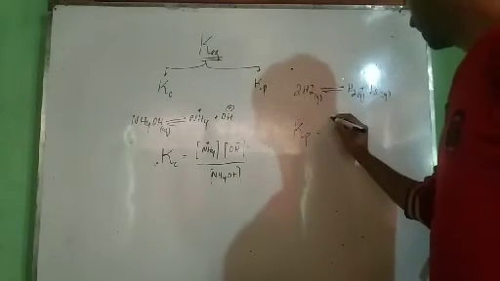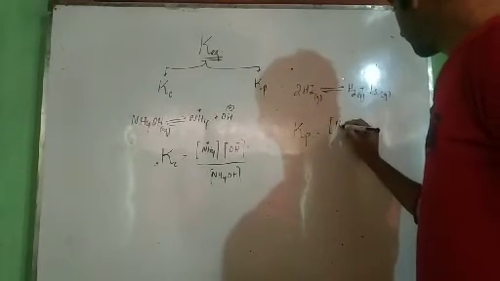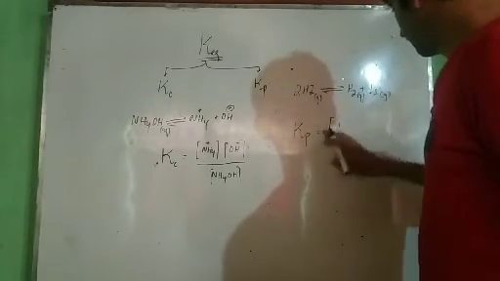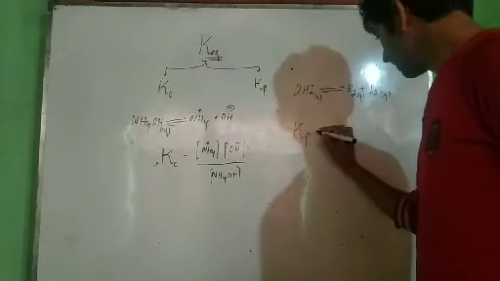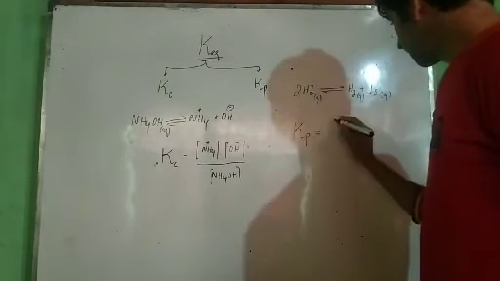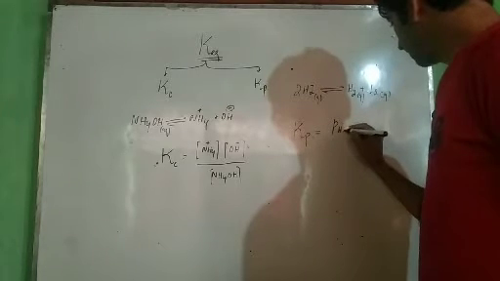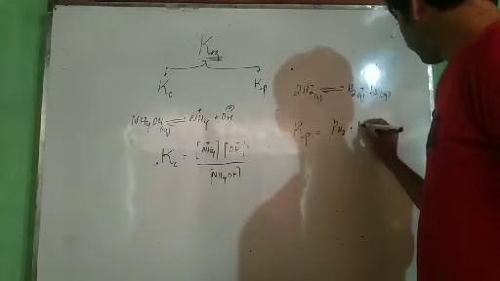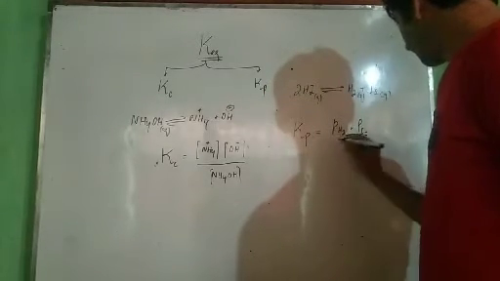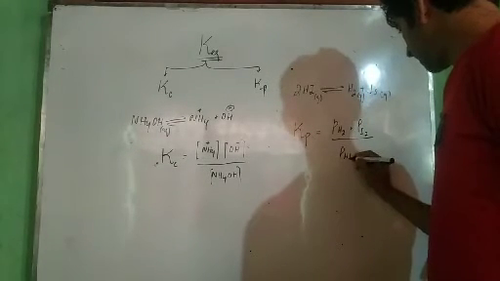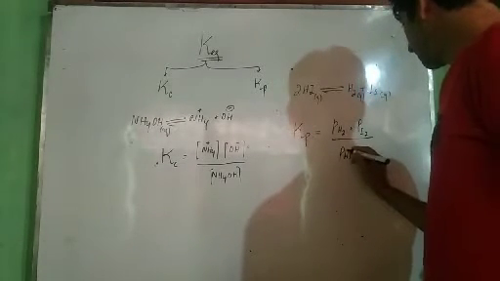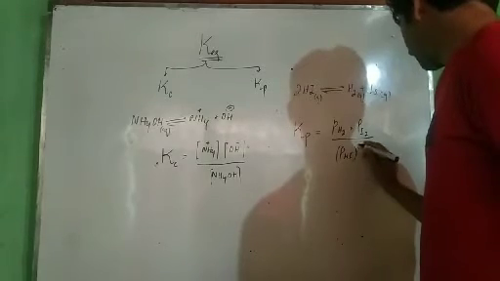Kp will be equal to concentration of products, not concentration, because these are gaseous species, they can be written in terms of partial pressures, that is partial pressure of H2 into partial pressure of I2 divided by partial pressure of reactant, partial pressure of HI raised to power 2, it is stoichiometry.